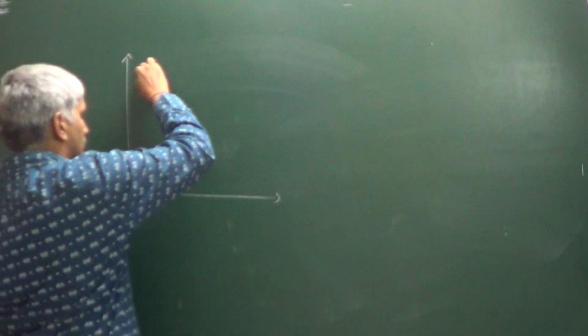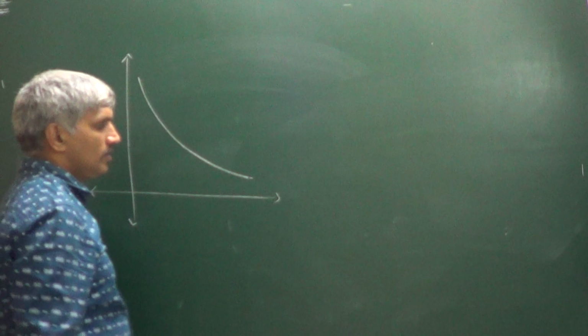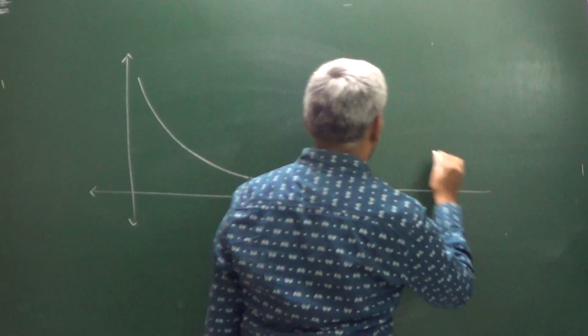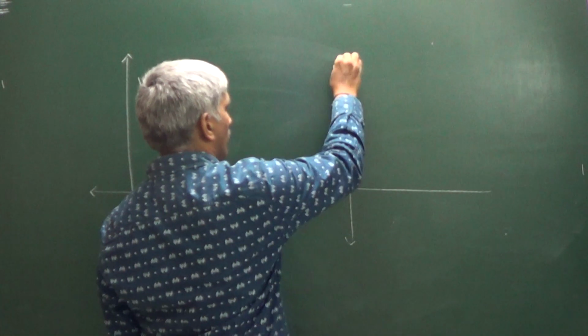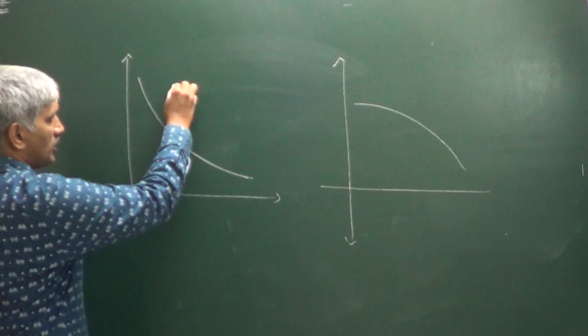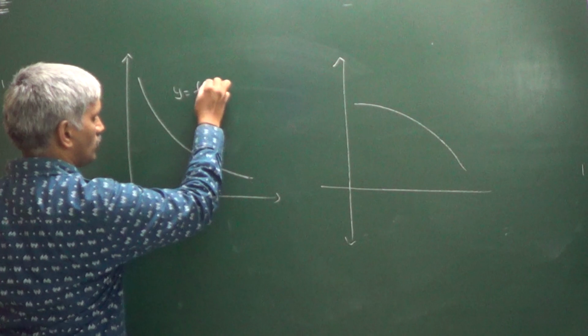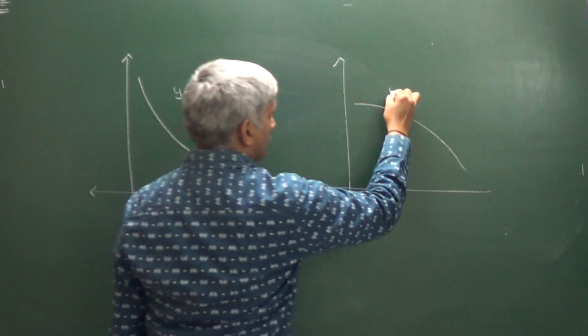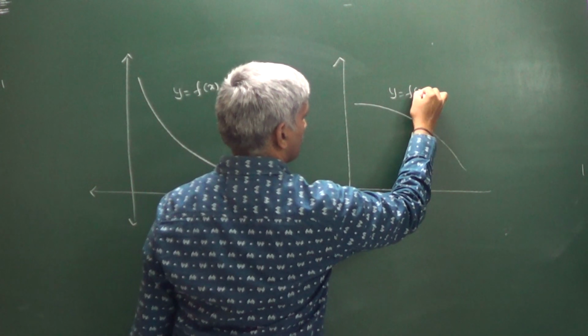You can observe here, this is the graph of one particular function. The same we can draw in another way also. This is the graph of a function, so this function is, say, y is equal to f of x.